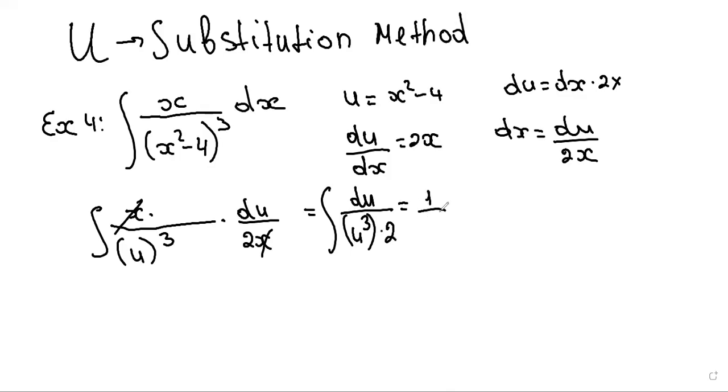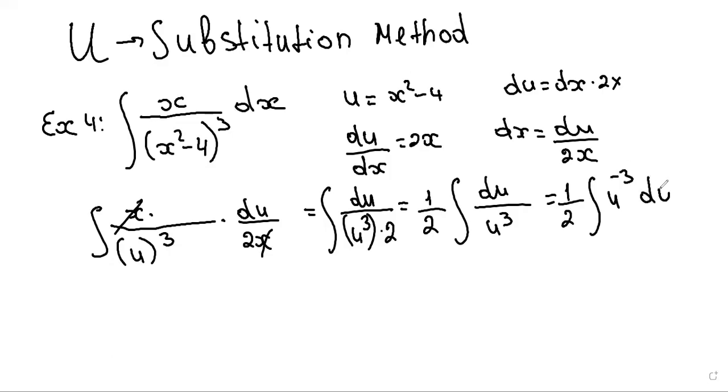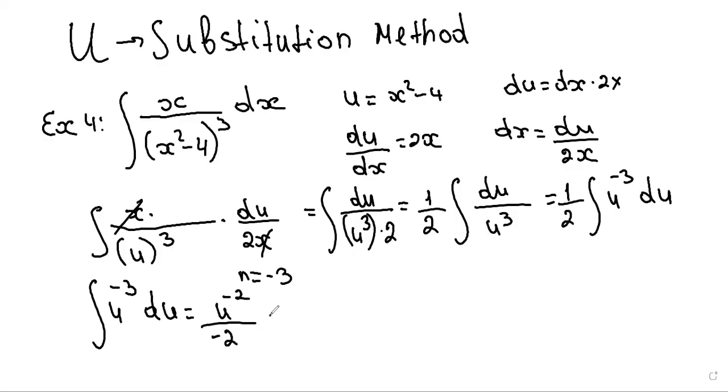So I can take this 1/2 out of the integral, which is du divided by u cubed, which makes 1/2 times u to the power of negative 3. Again, I will apply my power rule, where n is -3, which makes u to the -2 divided by -2.